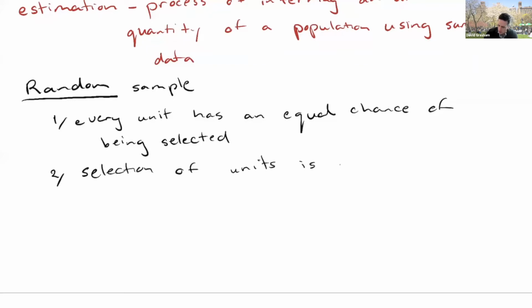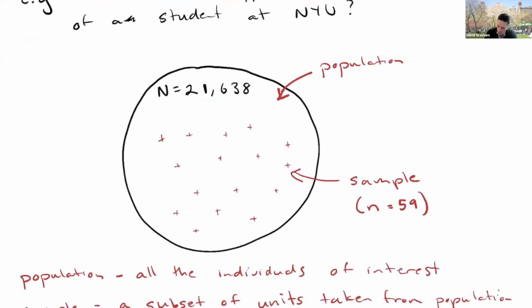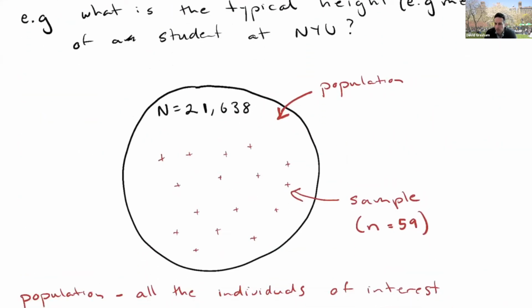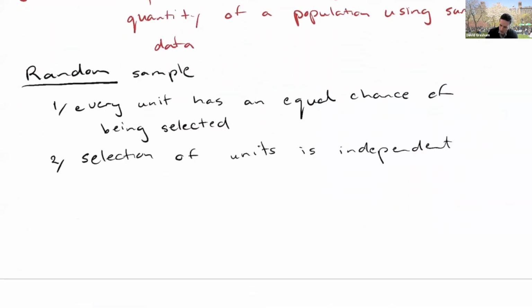Now, what do you think of our sample? Our goal is to determine the average height of an NYU student from our population of 21,638 individuals. We took a sample of 59 individuals from that population.